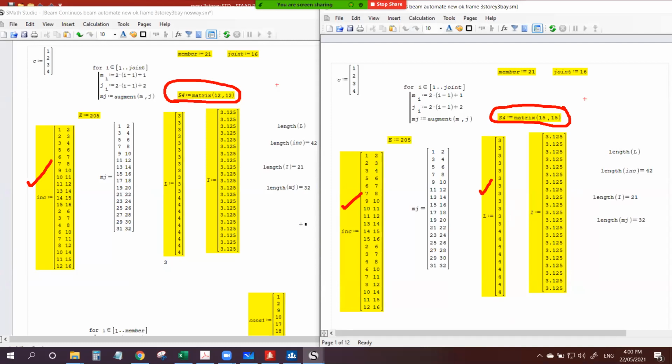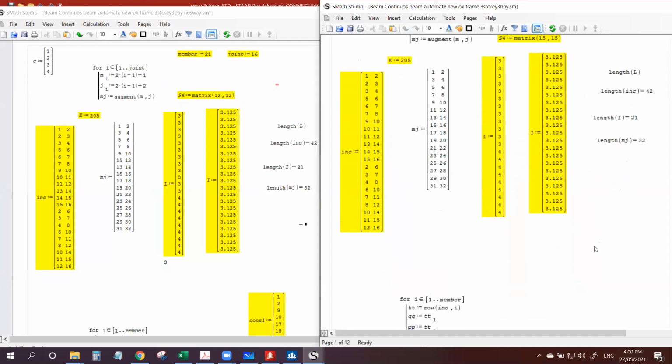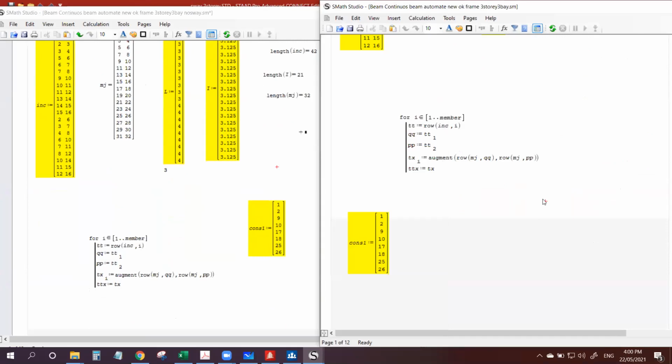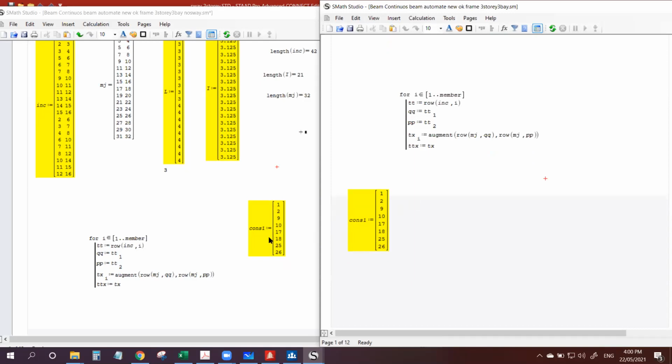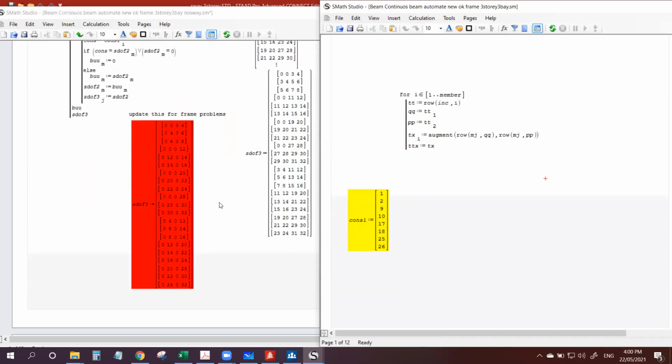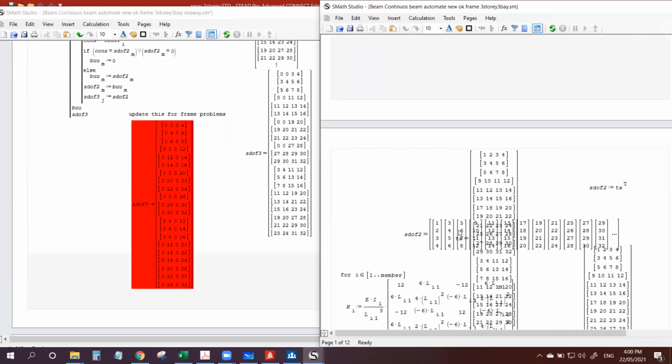The length is still the same, inertia the same. Of course, the constraint will be different. This is my constraint, while this is the constraint for the non-sway. They are still the same because it's a fixed support. Now this is the update.